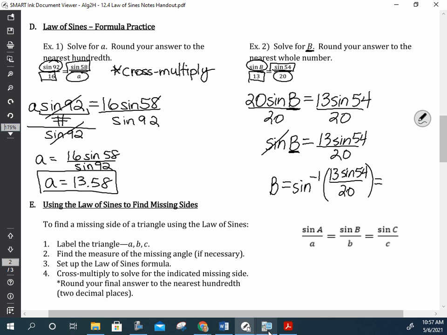We can let the calculator finish this. We just have to be very careful with putting it in. So 13 sine 54 over 20.